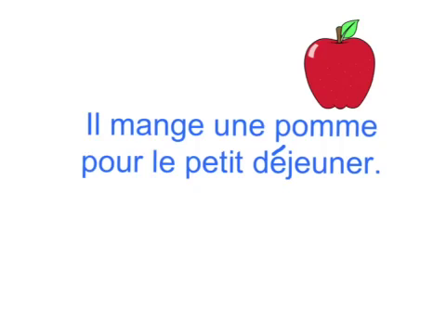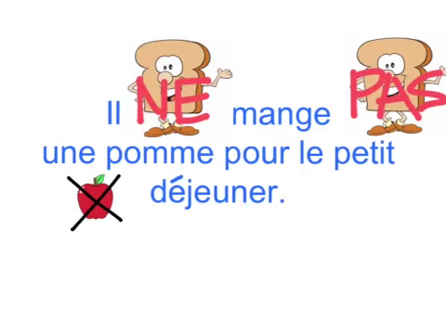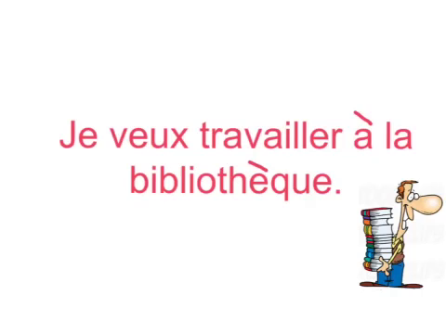Okay, second sentence we'll do is Il mange une pomme pour le petit déjeuner. And to negate it, we will do Il ne mange pas une pomme pour le petit déjeuner. So he did not eat an apple. The next sentence is Je veux travailler à la bibliothèque.